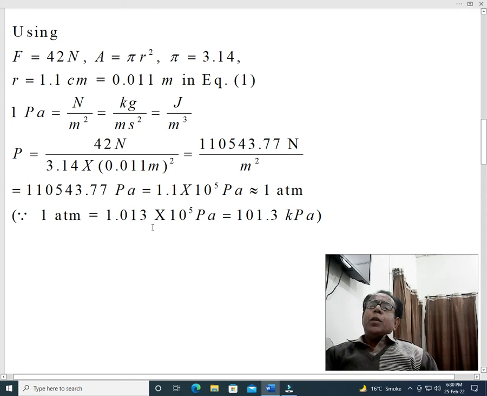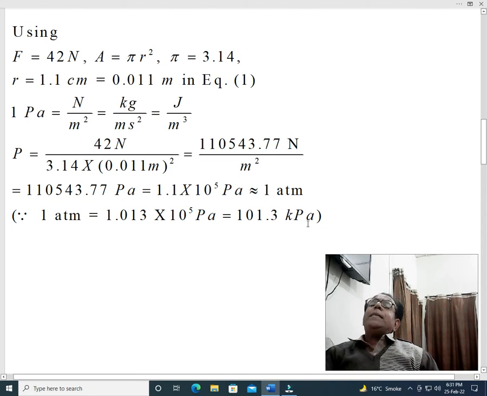Okay, because 1 atmosphere, ATM, is equal to 1.013 into 10 raised to the power 5 Pascal, equal to 101.3 kilopascal. Similarly, dear students, we can write it as 0.1013 megapascal.